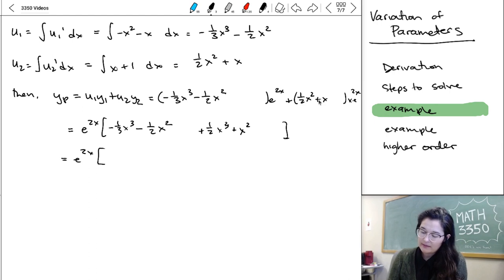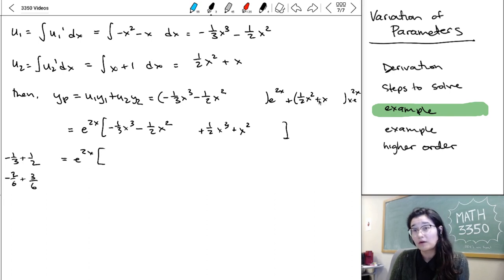And then minus 1/3 plus 1/2 is going to be minus 2 out of 6 plus 3 out of 6, so it's just 1/6, combining those x cubed terms.